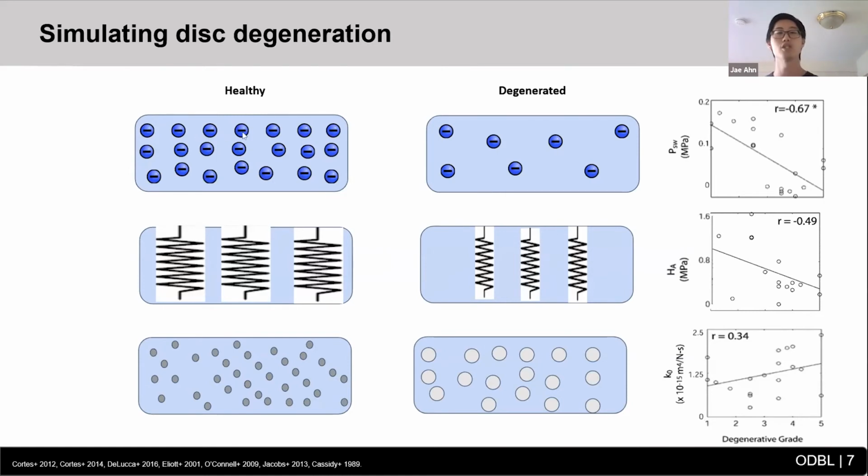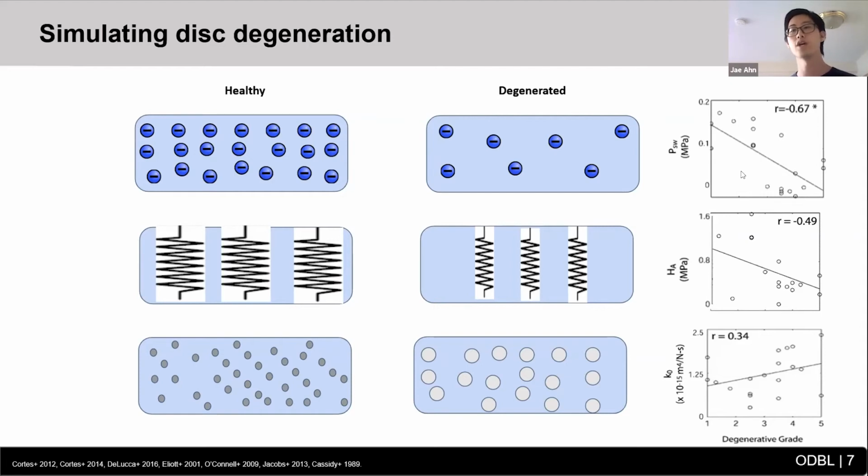The more negative charges you have, the greater its ability to pull in and attract fluid into itself and expand and swell. But when the disc degenerates, it loses a lot of these negative charges, which reduces its ability to pull in fluid and swell and expand.